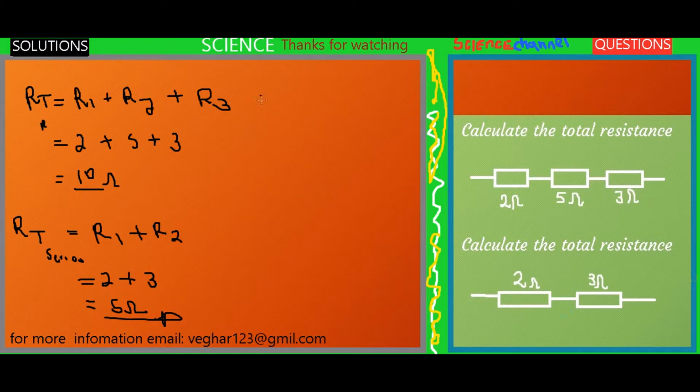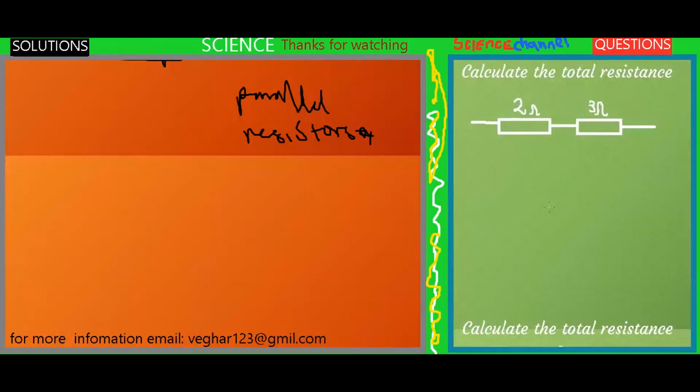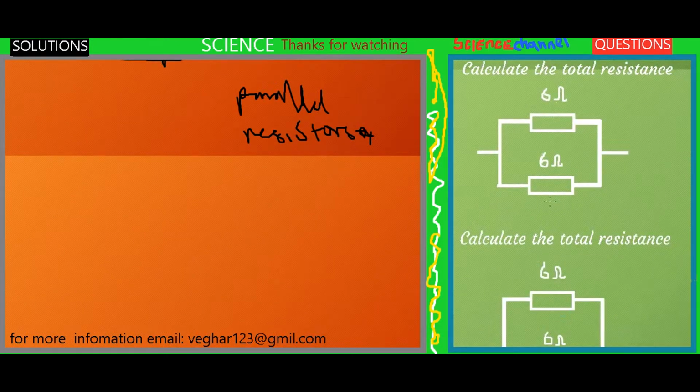So let's check the resistors in parallel. So these are the resistors in series. Check the parallel resistors. So resistors in parallel and in series don't behave the same.